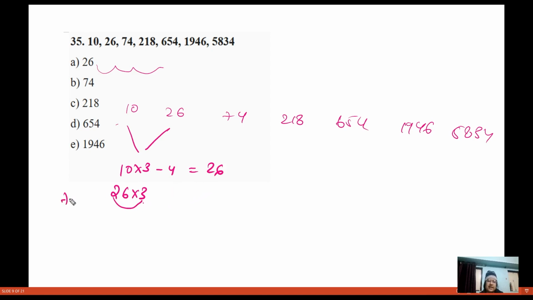So we are getting 78, 26 into 3. Then we'll subtract 4, so we'll get 74. Now let us do 74 into 3.